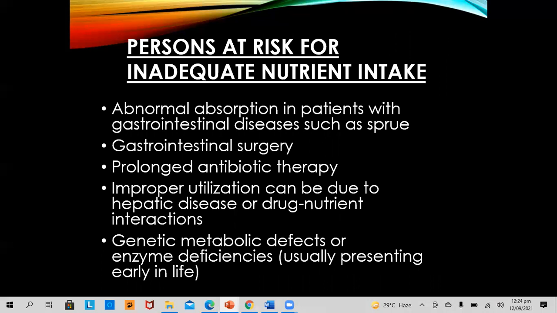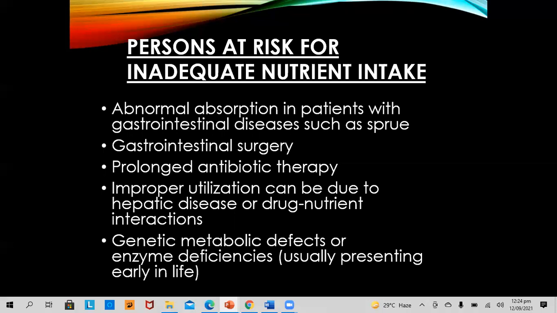Abnormal absorption in patients with gastrointestinal diseases, such as celiac disease or inflammatory bowel diseases. Those patients who have undergone some gastrointestinal surgery. Patients who have received prolonged antibiotic therapy.